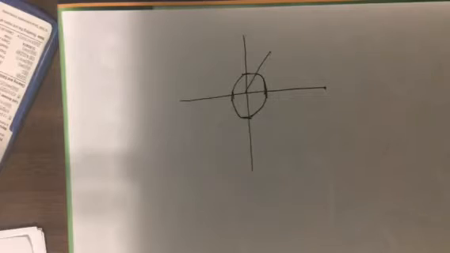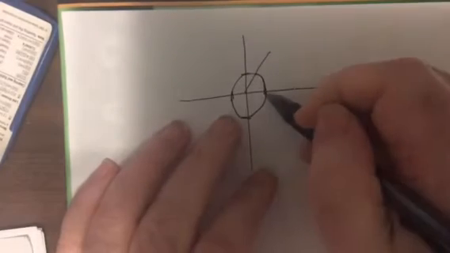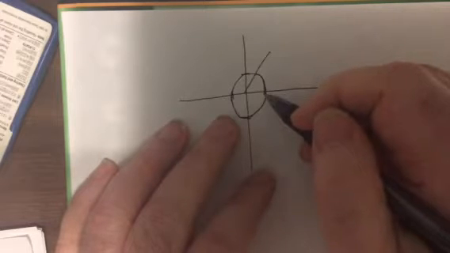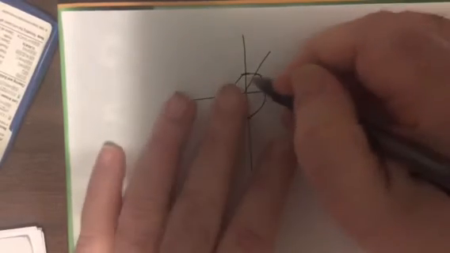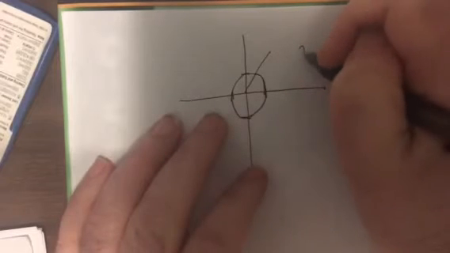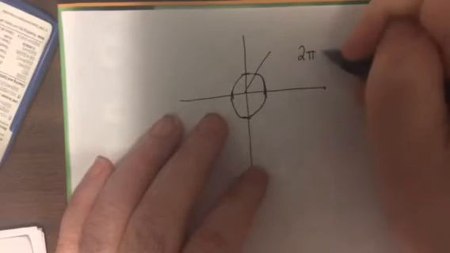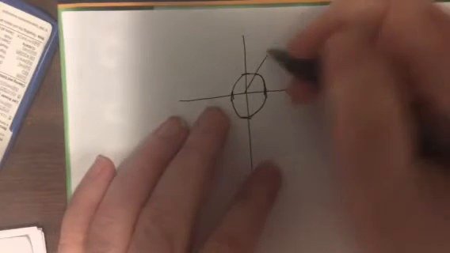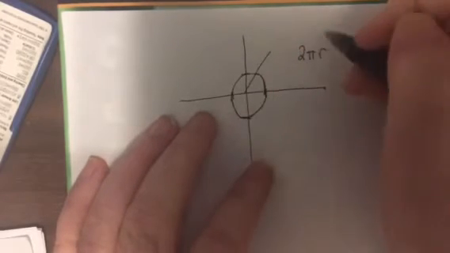They said we're going to use a 1 unit circle. If you remember, way back, probably 7th grade, the circumference of a circle is 2 pi times the radius. So if the radius is 1, the distance of the whole circle is 2 pi.